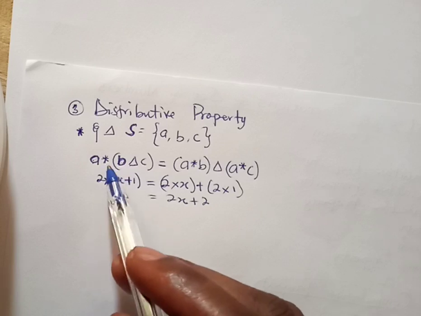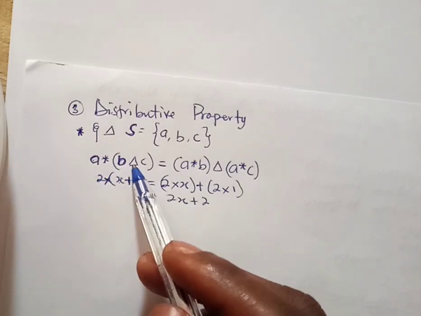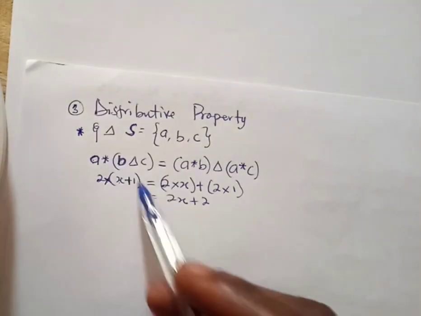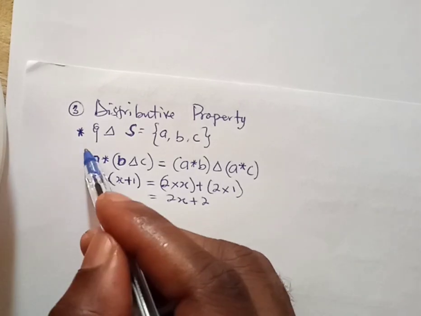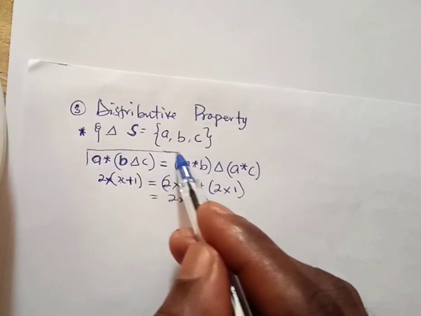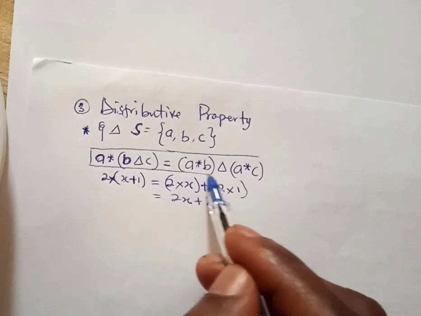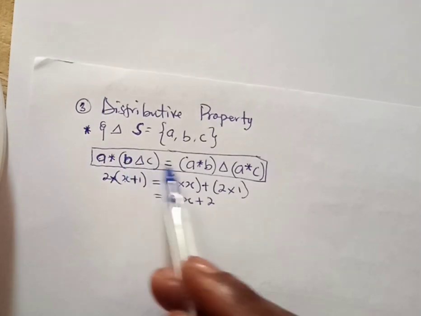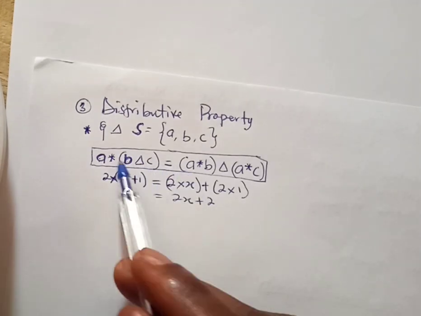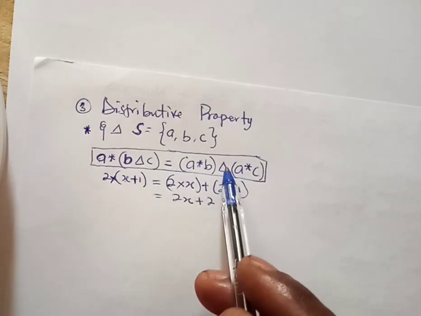So probably we need to get two operations. All right, great. So if you have two operations, then it will work for you. So that is what this property is saying. So looking at this, you could see that this operation star is distributive over this delta only if this is equal to this. All right, good.